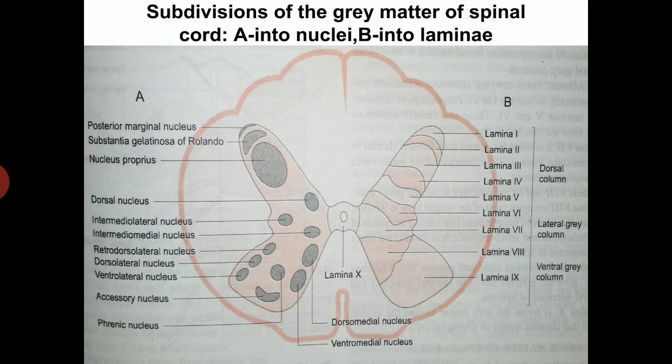Then the dorsal nucleus, intermediolateral and intermediomedial nucleus. Then dorsomedial nucleus, ventromedial nucleus, accessory and phrenic nuclei, ventrolateral, dorsolateral and retrodorsolateral nuclei. So there are various groups of nuclei present in gray matter.